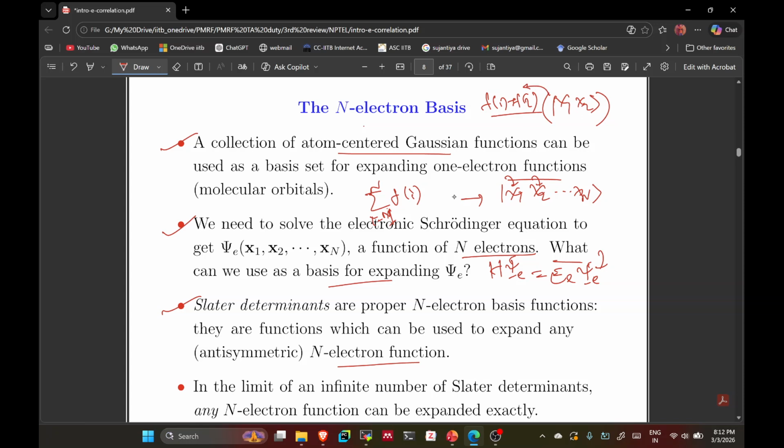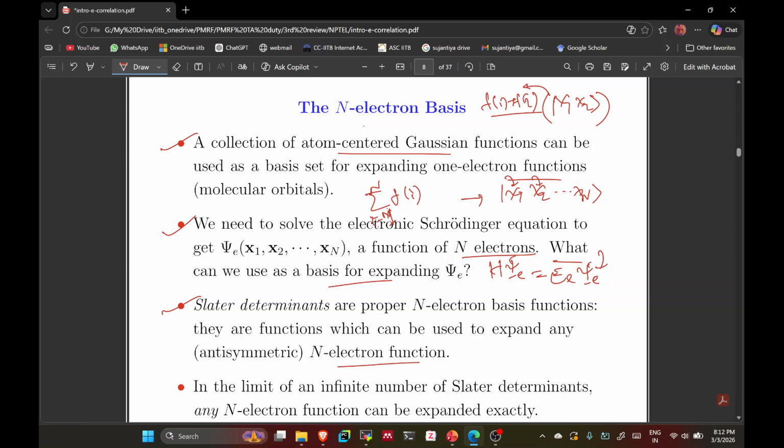And as these Fock operators are Hermitian operators, and these Slater determinants are the eigenfunctions of the n electronic Fock operator. So that's why Fock operators are effective one electronic operators, right?